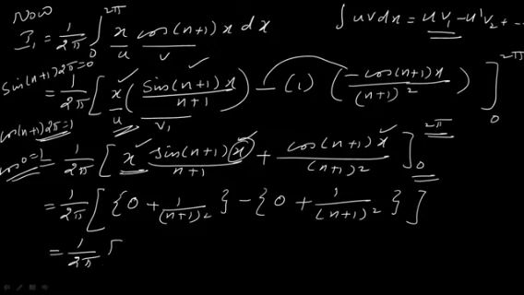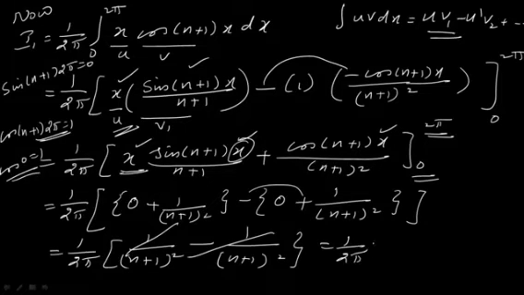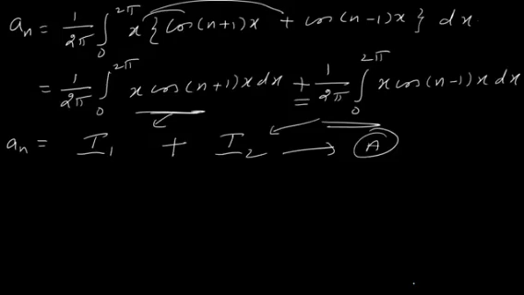It is 1 by 2 pi, 1 divided by (n plus 1) the whole square, minus 1 divided by (n plus 1) the whole square. Same magnitude, opposite sign, so both terms cancel, right? So you get 1 by 2 pi of 0, that is equal to 0. So the I1 value we have obtained is 0.